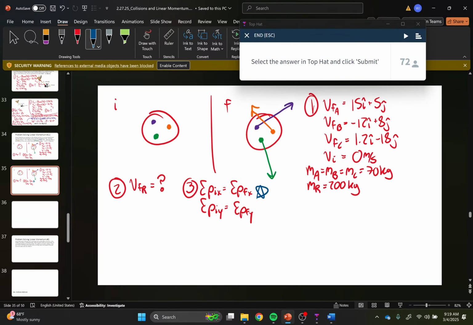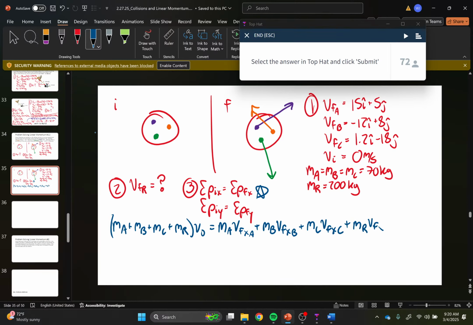So if we just build these equations, if we build the x1, we have m a plus m b plus m c plus m rock, times v initial, they're all together, equals m a times v final x a, plus m b v final x b, plus m c v final x c, plus m rock v final x rock.